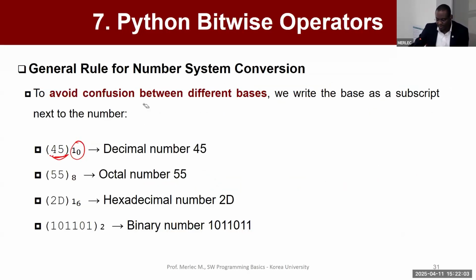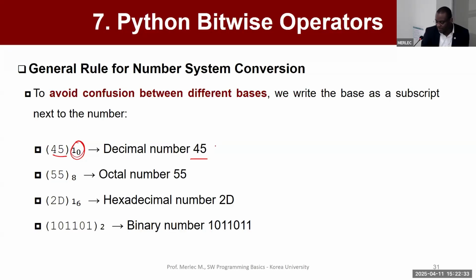To avoid confusion most of the time, because this 45, depending on the positional numerical system base, can have different meaning and value. Like this 45 in decimal will be equal to 45 because the base is 10, so I have to mention that.